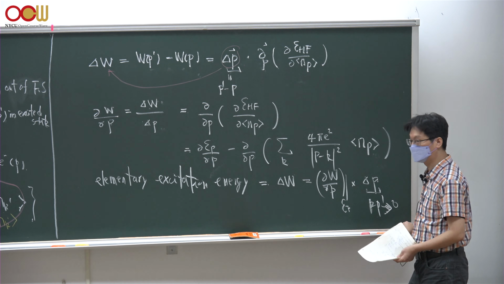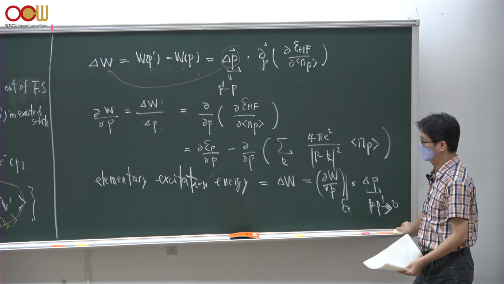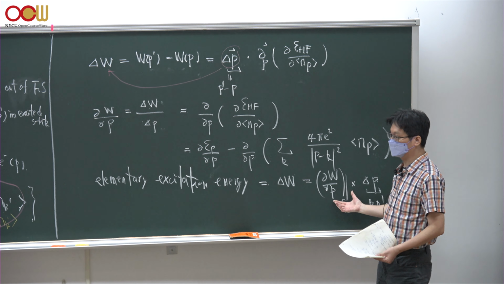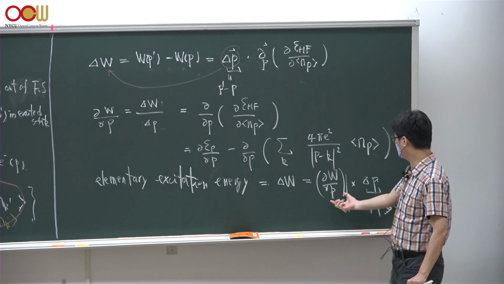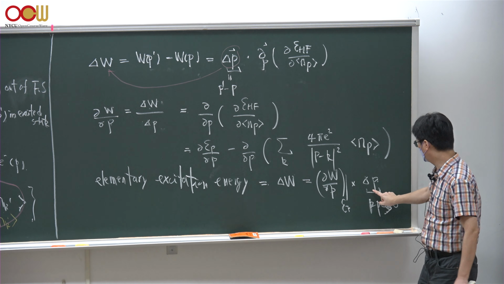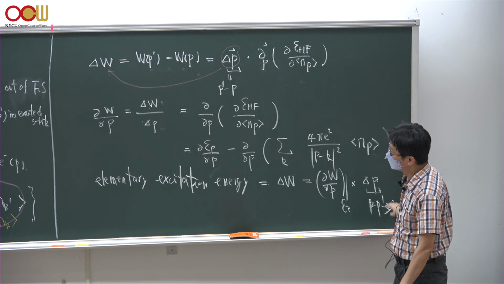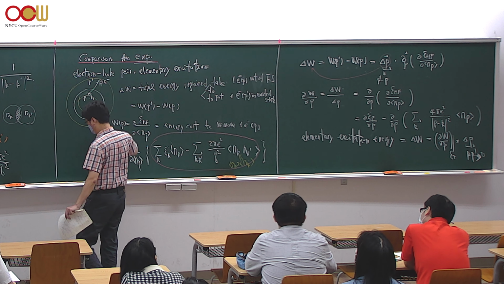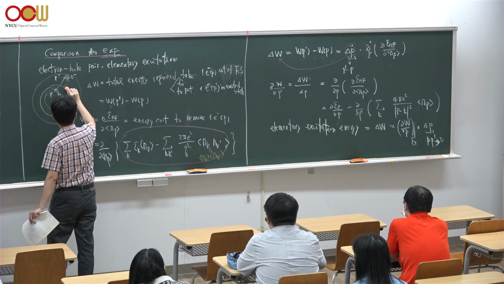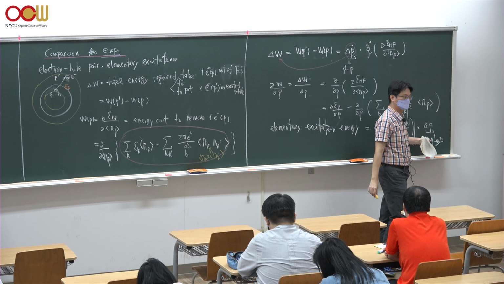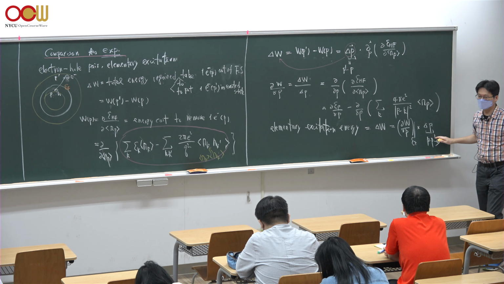From our knowledge of Fermi liquid theory, we know that at least this derivative should be finite, and delta p is really, really small because both p and p prime are very close to the Fermi energy. So you multiply two things: one is the finite derivative, another is the infinitesimal momentum difference.